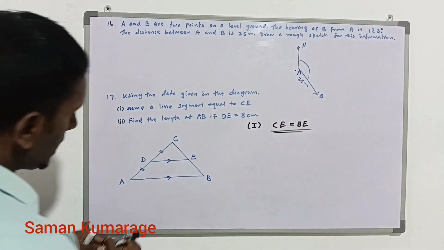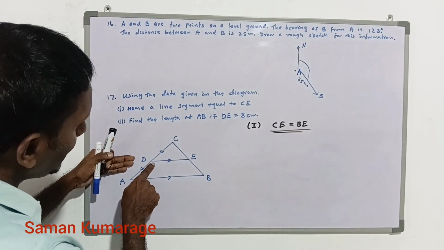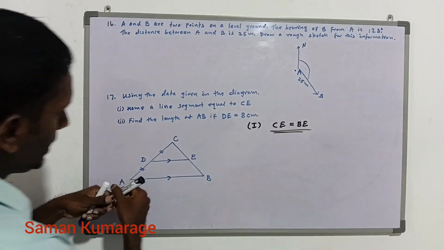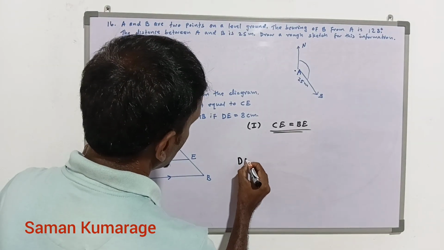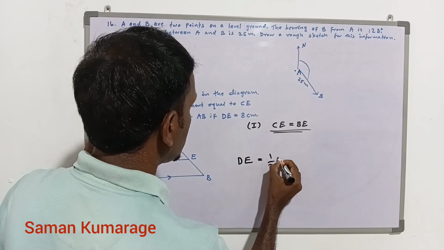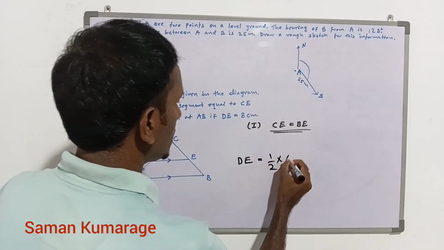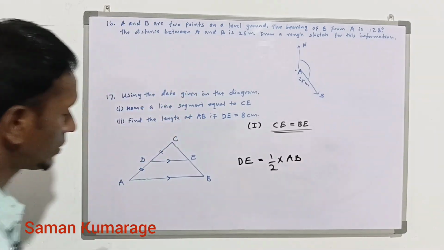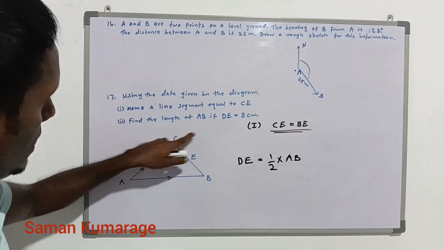So that means the length of DE is half of AB according to the midpoint theorem.